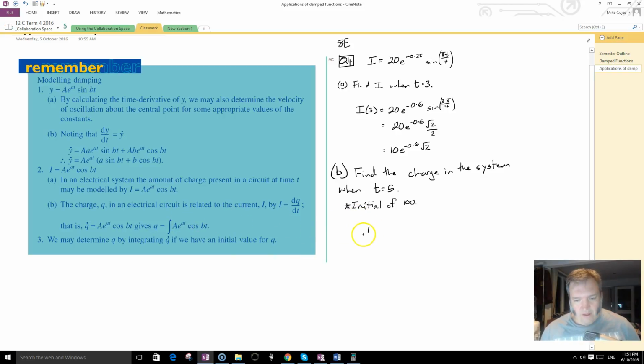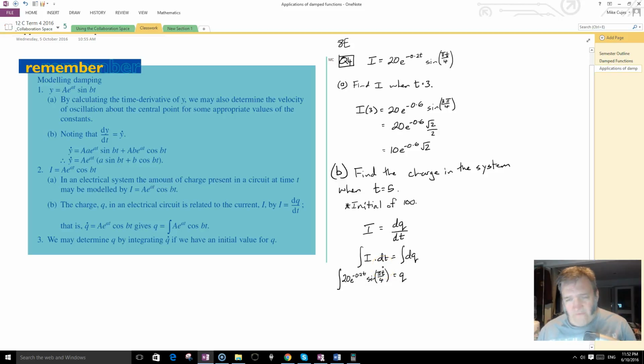So we started off with if the integral equals dq/dt, and doing the right thing here, separating our infinitesimals like that, integrating each side, and we end up with q is equal to the integral of whatever I was, and I was, of course, 20e to the negative 0.2t multiplied by the sine of pi t over 4. Excellent.